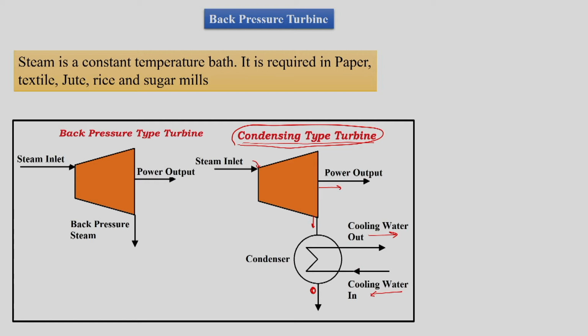But we might have a situation where we need steam as a constant temperature bath. Steam inside the dome has constant temperature and constant pressure. If we have heat transfer from such steam, with dry plus wet liquid water available, it is a very good constant temperature source.